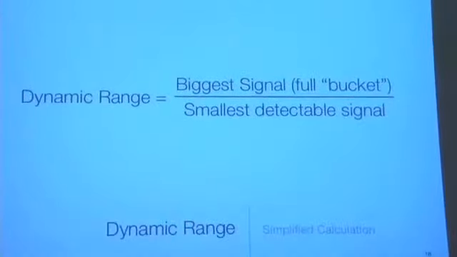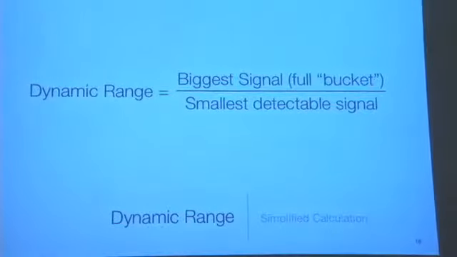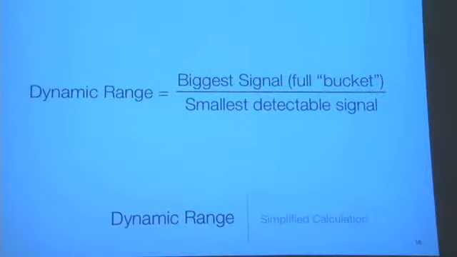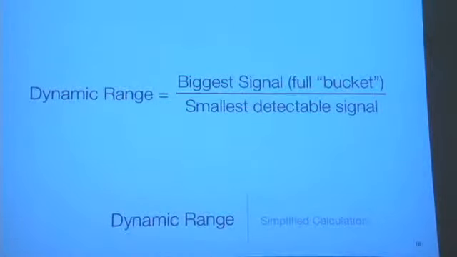Now, let me go back to this image here. Remember that I said that dynamic range is basically the division of the biggest signal, or the most amount of photons that it is able to capture, or the full bucket, divided by the smallest signal that we can reasonably capture.